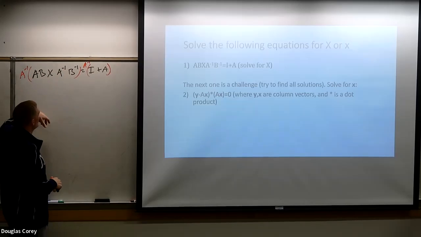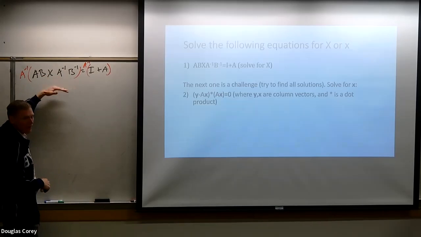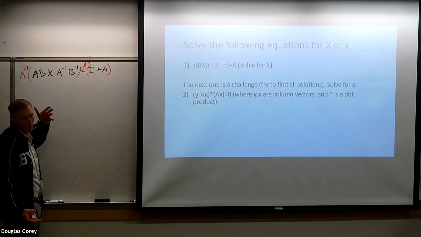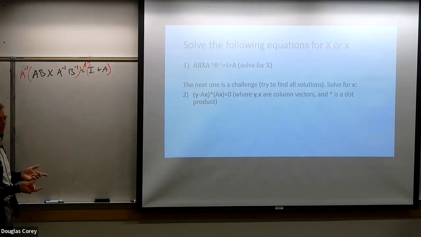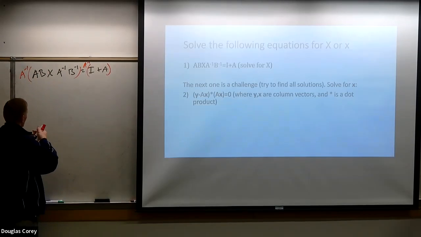Another thing you might do is just start dividing by things on this side. But there's no division of a matrix. Whenever you think, I need to divide by this matrix, then you want to be thinking about multiplying by an inverse. So that's what we're doing here. Multiplying by this inverse.